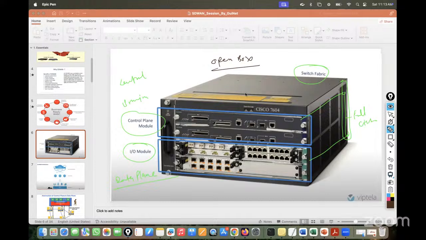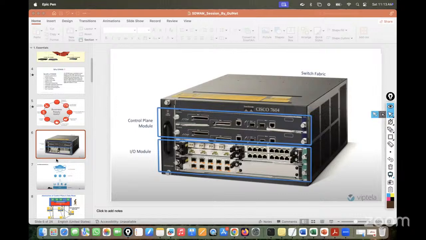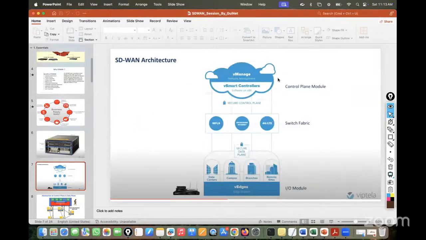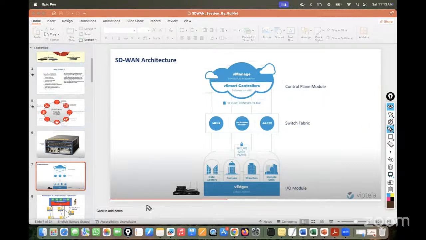All right. So let's understand the same scenario, how it is going to happen for the SD-WAN solution. If I go to this slide, this is my SD-WAN architecture. Again, the same situation is going to happen. I require one PC, and I require another PC.